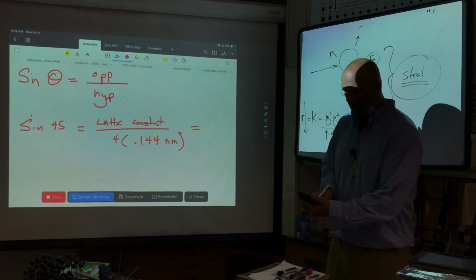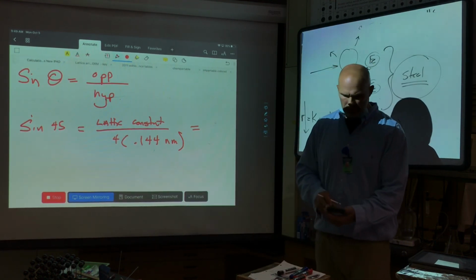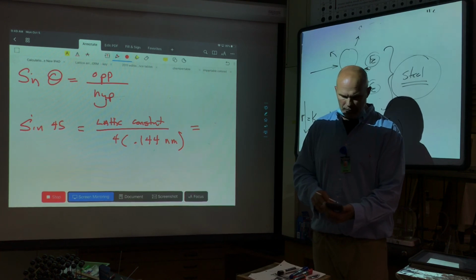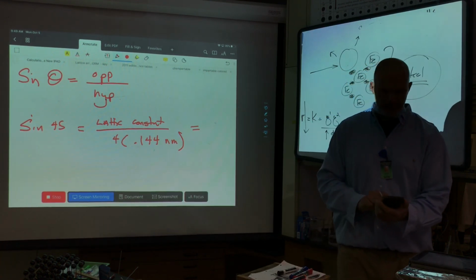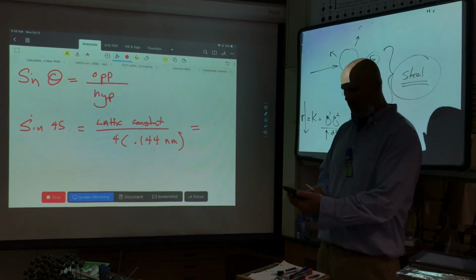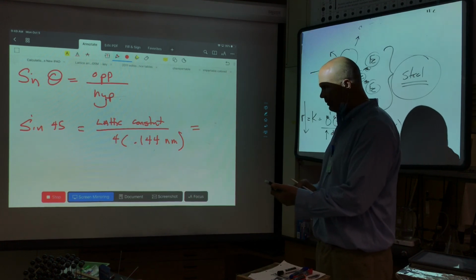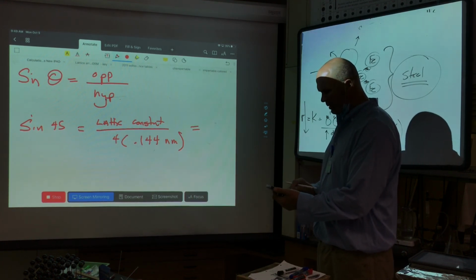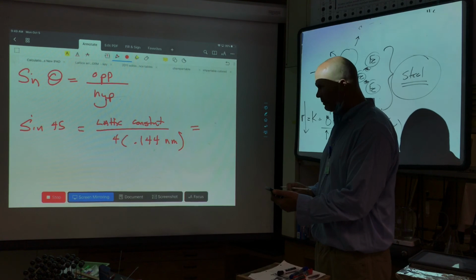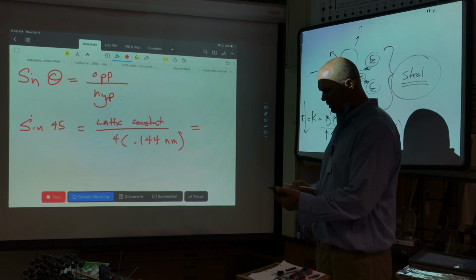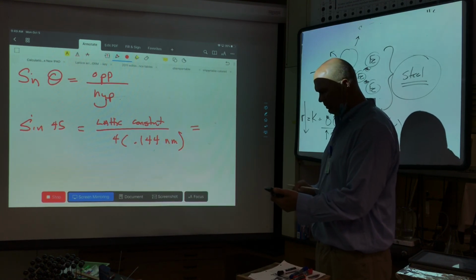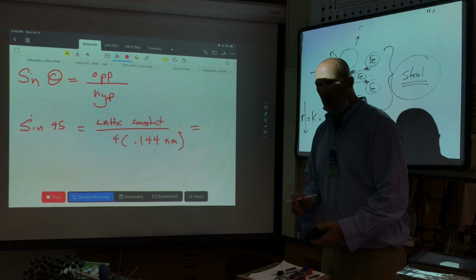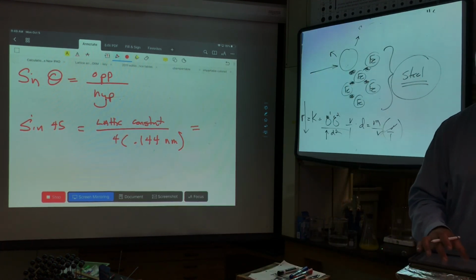Okay, making sure I'm in degrees. Forgot how to check if I'm in degrees. How do I do that? So, sine of 45, isn't that 0.7 times... Can we get a number? Does it make any sense?